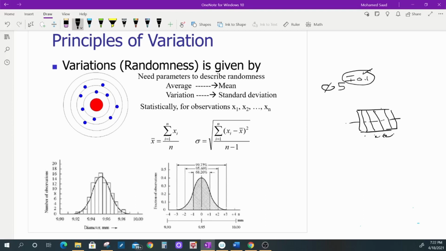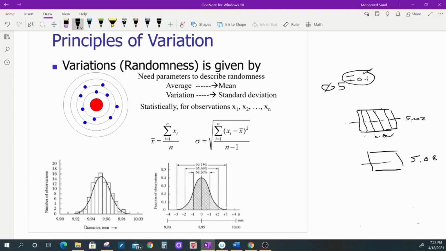And also, if you take all these measurements and get the average, you will find, let's say, the diameter is 5.22, for example, as an average. If you make another piece, you will find that it's a different number, like the average may be 5.08.